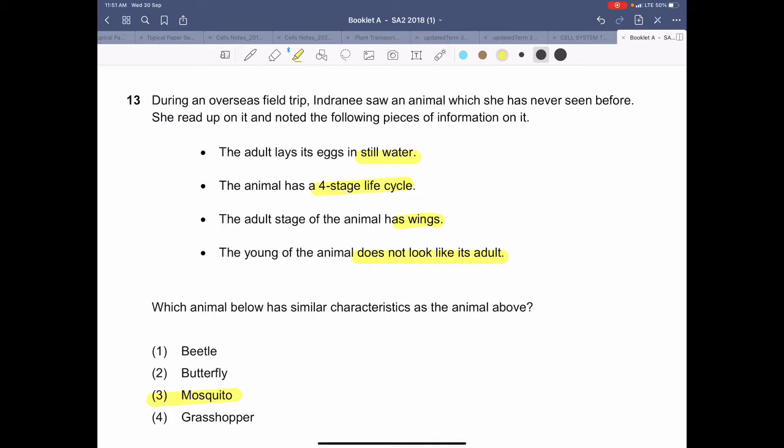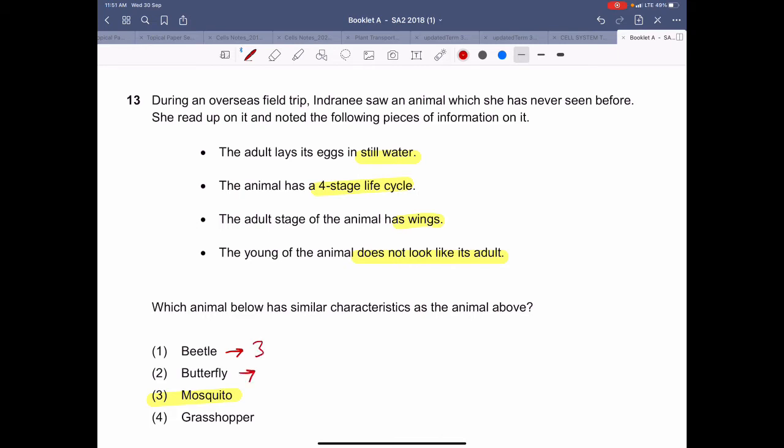Alright? Mosquito. Now, you actually need to remember what are the life stages of different organisms, if you remember last year's paper. Okay? Now let's revise a bit. Beetle, how many stages? 3.